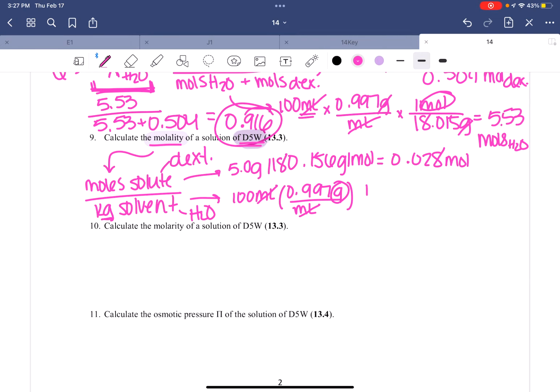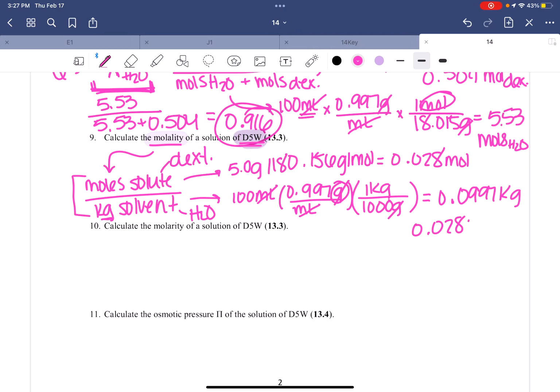So we're going to say 1 kilogram is equal to 1,000 grams, and that will cancel out the grams. This number turns out to be 0.0997 kilograms.